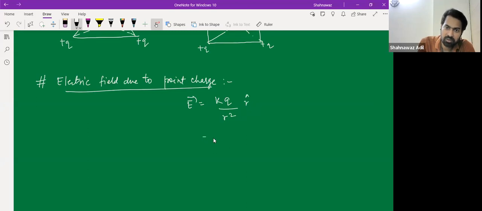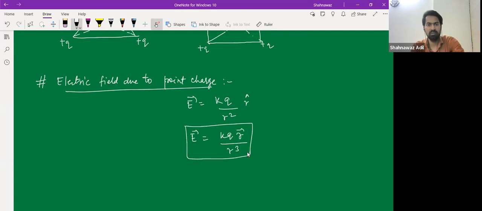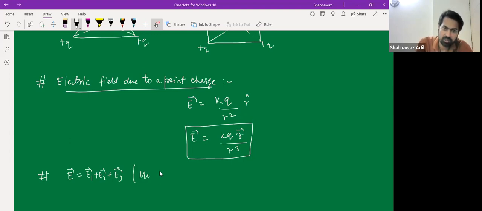We can also write it as KQ vector divided by R. This is the electric field due to a point charge, and the electric field due to multiple charges follows the superposition principle.